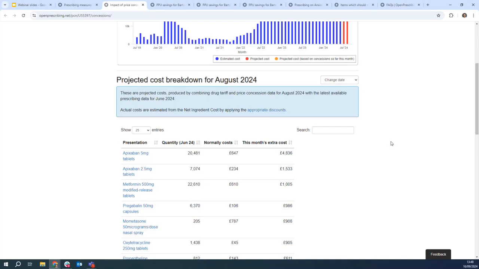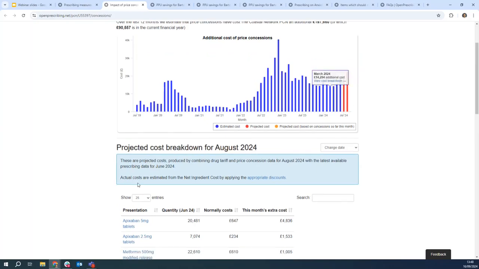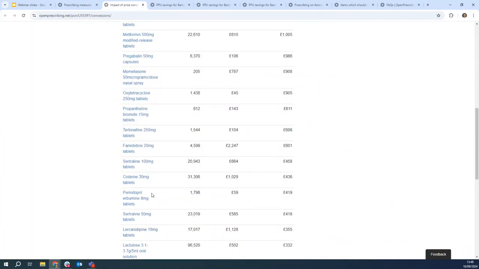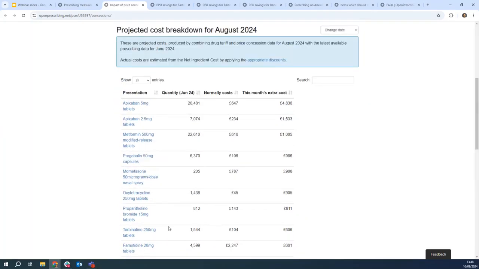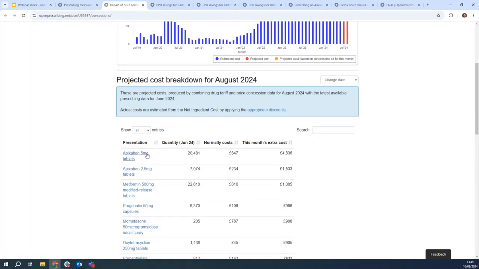So it's probably useful to have a bit of an idea of what's happening here and a bit of a track of what's on price concession, and this can help you know what the problems are, or if you're getting lots of calls. You can have a look here and see, is it in price concession? But beyond that, you're probably not going to do too much with it. You can click through for a bit more information from these price concession pages as well.